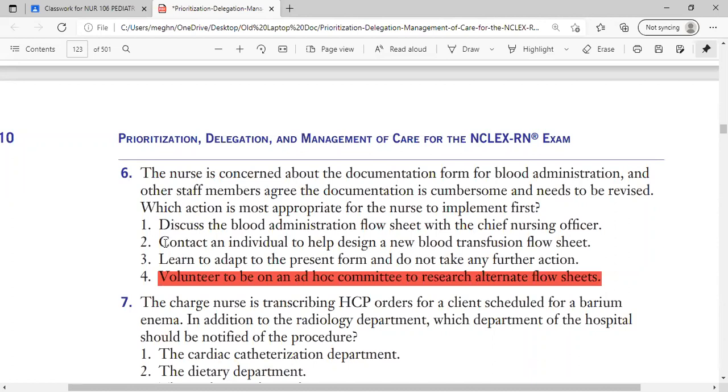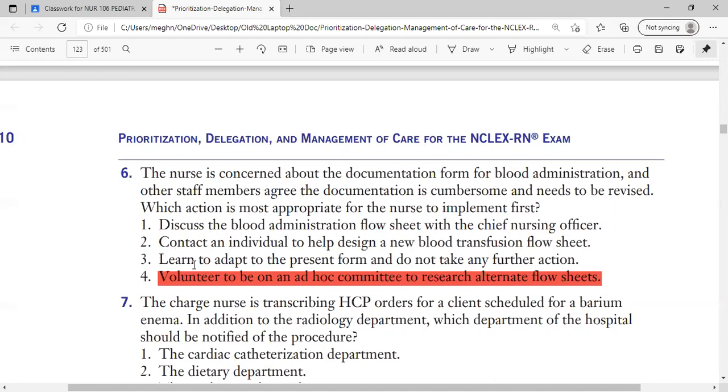Number 2, we do not choose it because this may be an appropriate action at some point, but it would not be implemented until after assessing the old form and identifying the area to be changed.